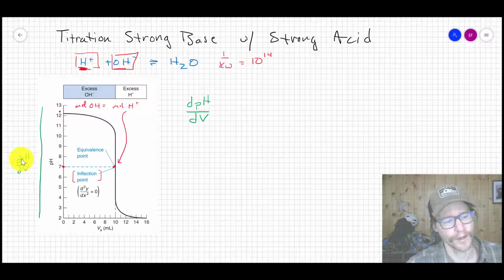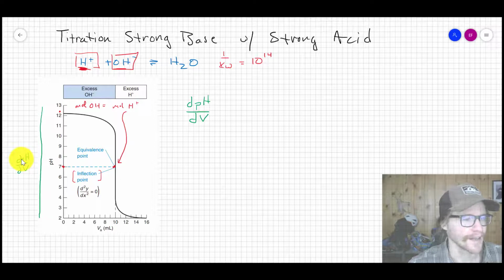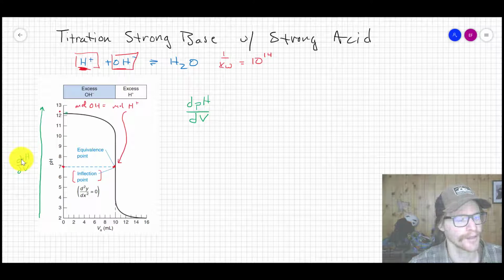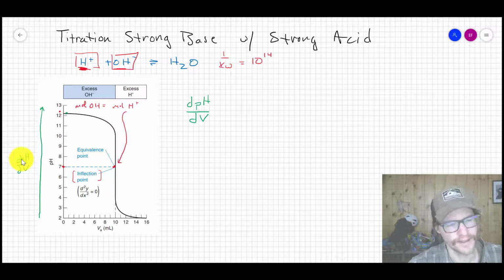What would that look like? Well, if this axis is the slope, at early points on the black curve, the slope is fairly small. It's almost flat right at the beginning, and then it starts to grow faster and faster and faster, and then it gets to a maximum where the inflection is, and then it goes away.